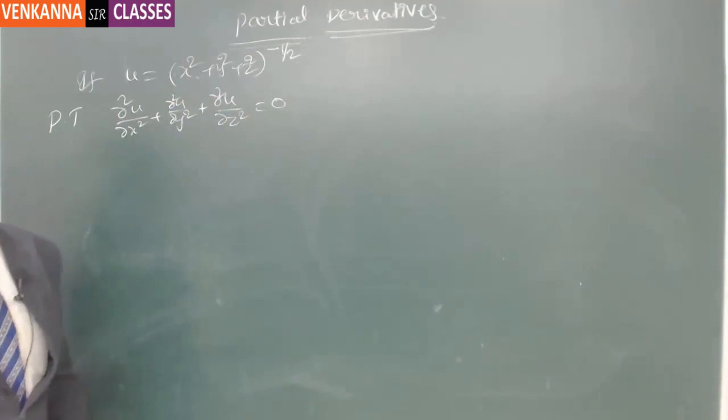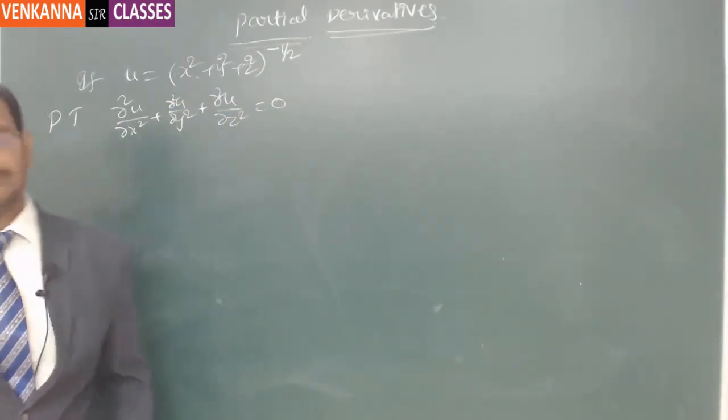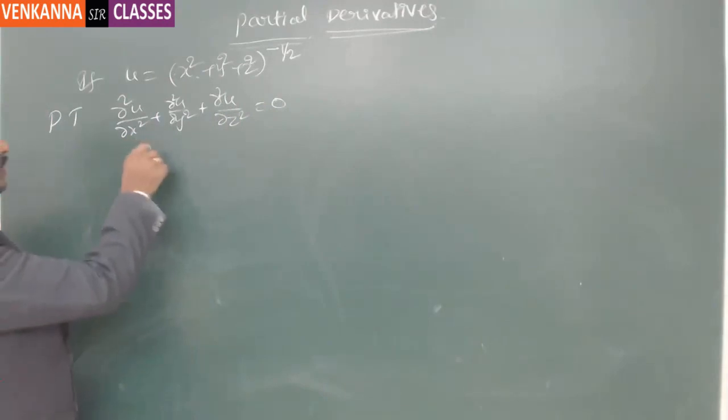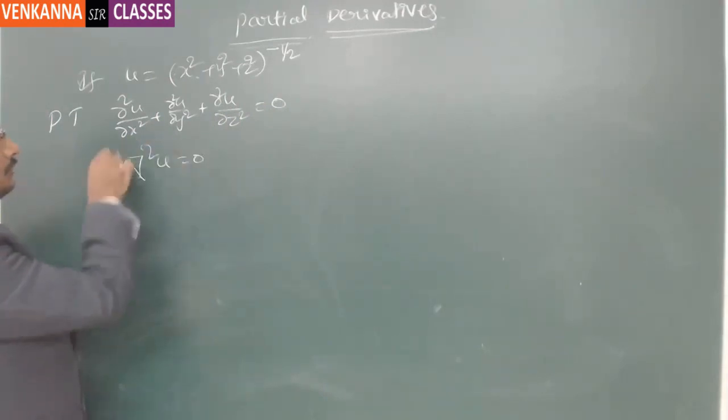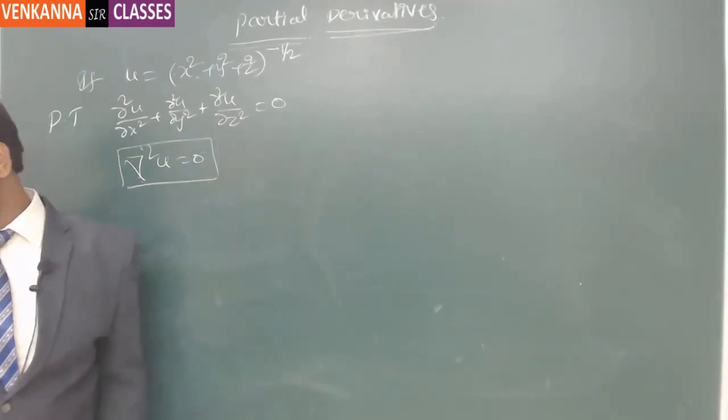So this is nothing but the Laplace equation in 3 dimension. Got it? So this is del square u equal to 0 in 3D. Now try to prove this.